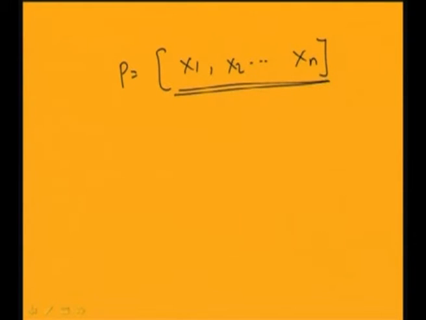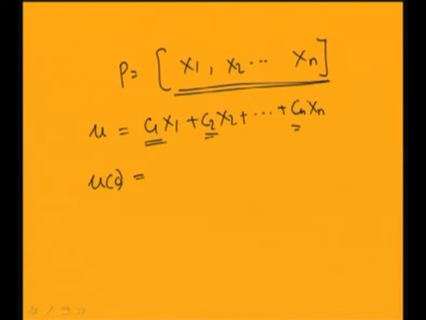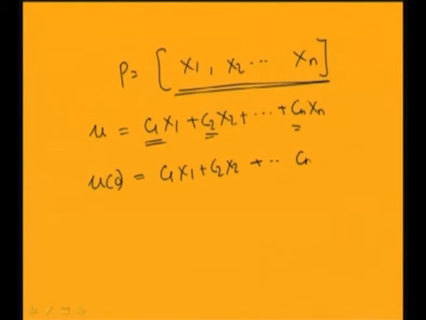Using these normal modes one can find the free vibration of a system. The free vibration u can be written as C1 x1 plus C2 x2 plus Cn xn, where C represents the modal participation of different modes in the resulting free vibration. By using the orthogonality principle of normal modes we can find C. Let the initial condition be u0, so u0 equal to C1 x1 plus C2 x2 plus Cn xn.